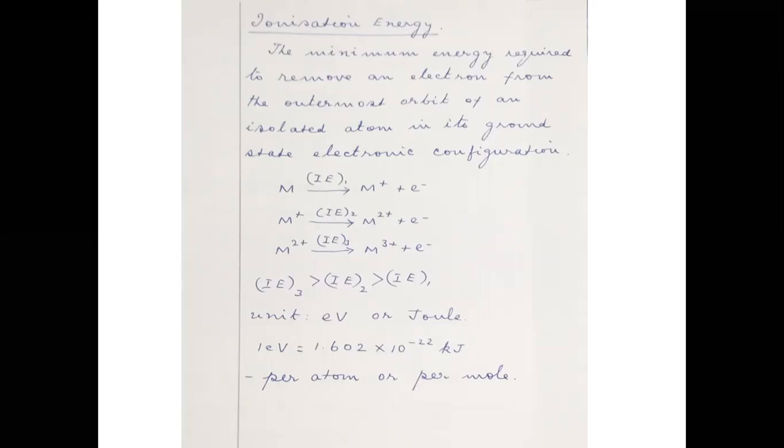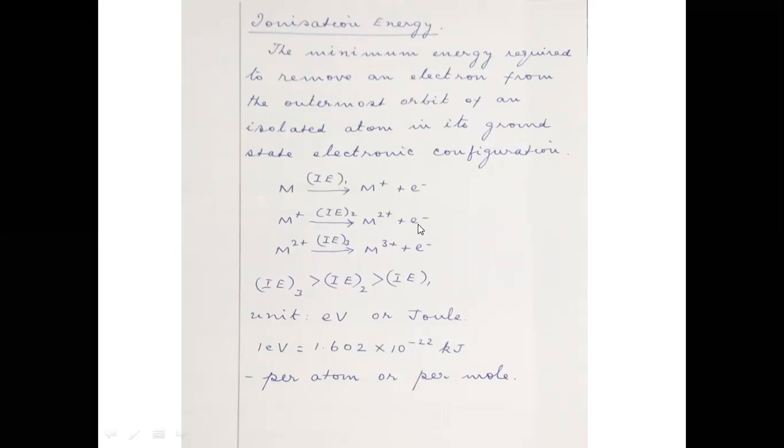Now, I am taking an atom, I am removing one electron, and I'm getting an ion with a unit positive charge. This ionization energy is called first ionization energy. If I try to remove one more electron, that unit positive ion now becomes dipositive, a two positive charged ion.